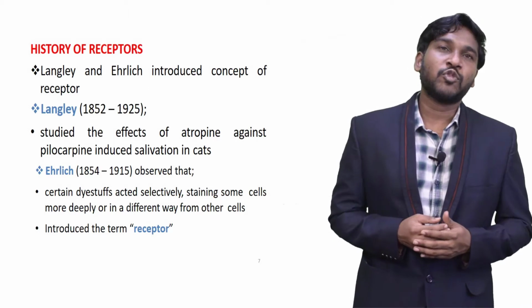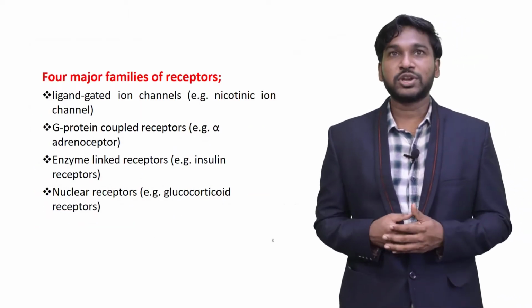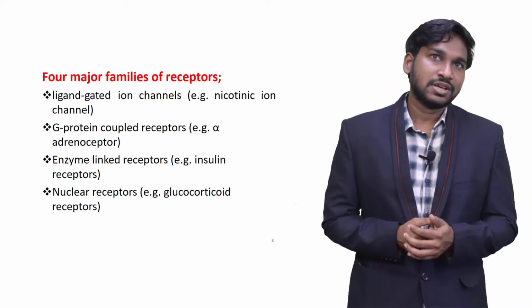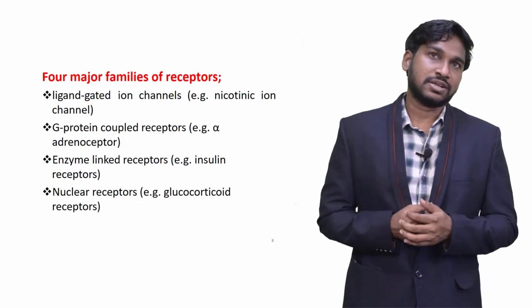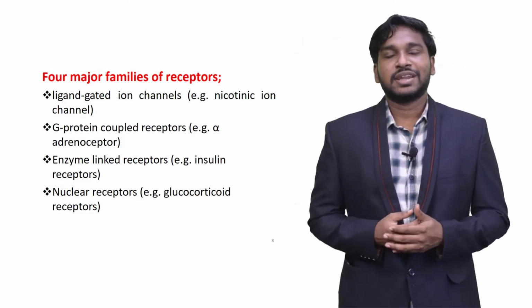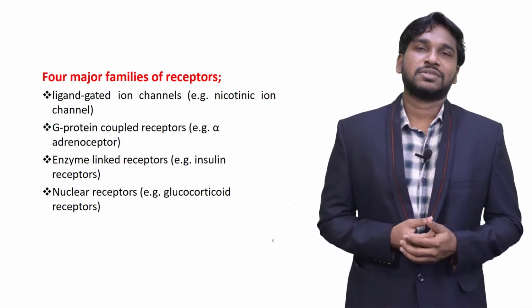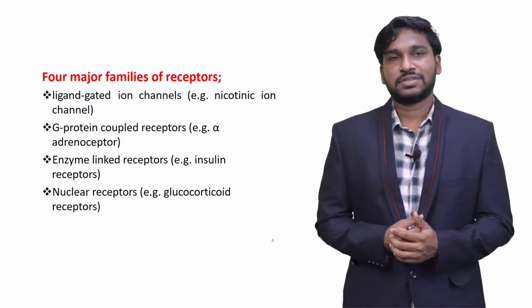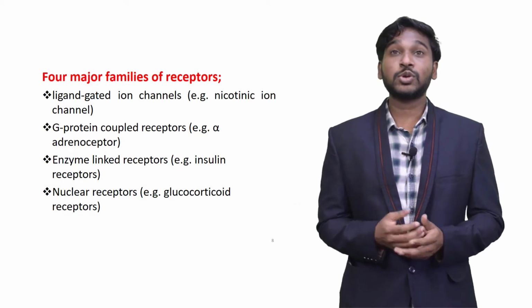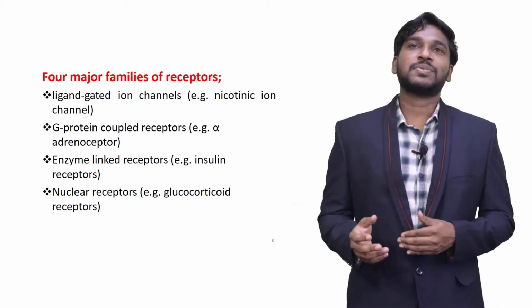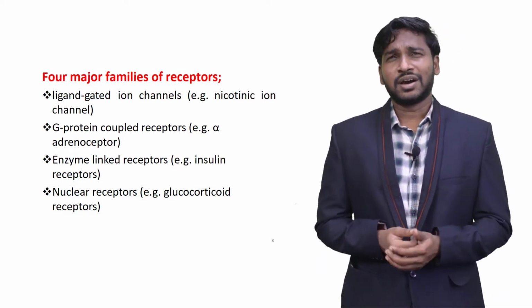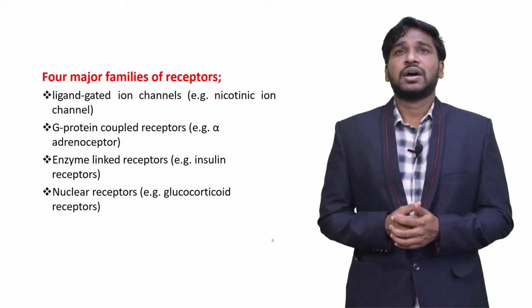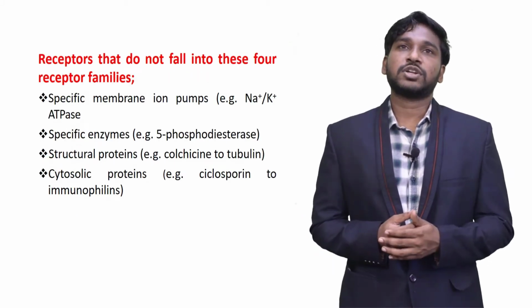You can see the four major families of receptors. One is ligand-gated ion channels, for example the nicotinic ion channel. Next are GPCRs, G protein-coupled receptors, for example the alpha adrenoreceptor. Then enzyme-linked receptors, for example insulin receptors, and nuclear receptors, for example glucocorticoid receptors. These are the four important receptor families.